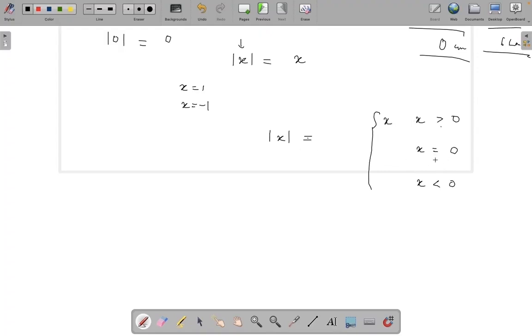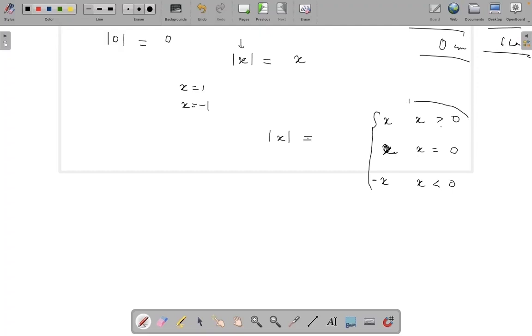What will this give if x is equal to 0? 0. And what about when x is less than 0? You can write this as -x. So when x is 0, you can either write this as x or you can write this as 0, because x is equal to 0, so it does not matter whether you write 0 or x, right?